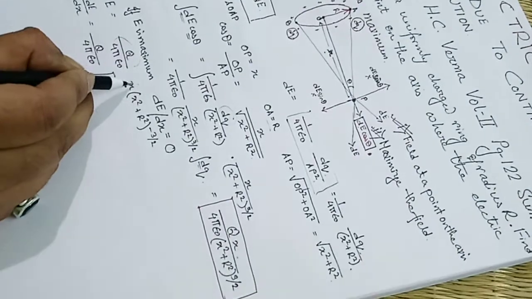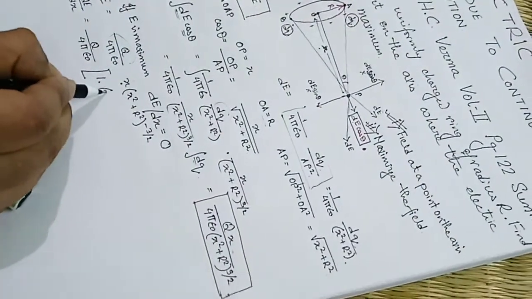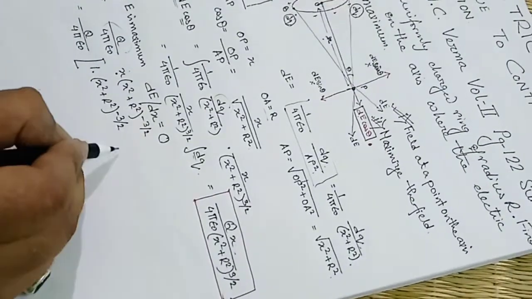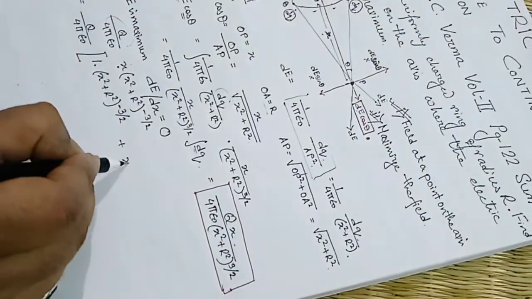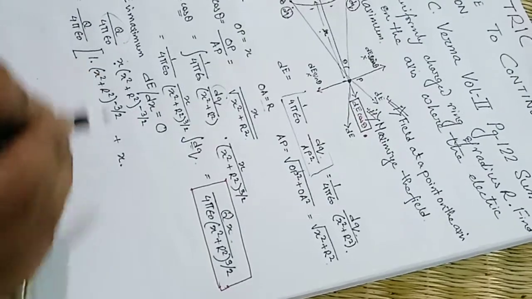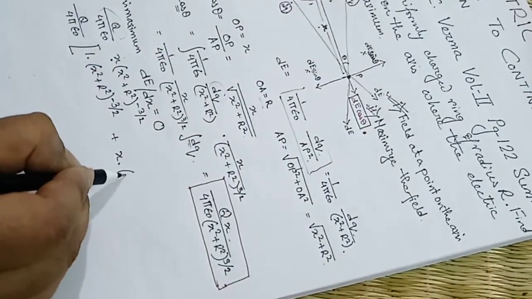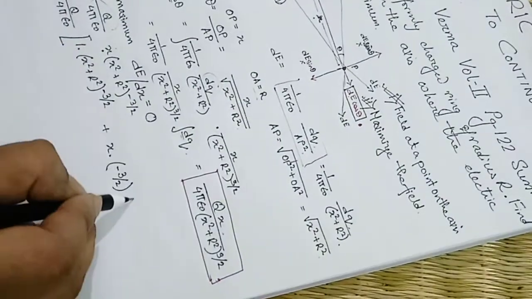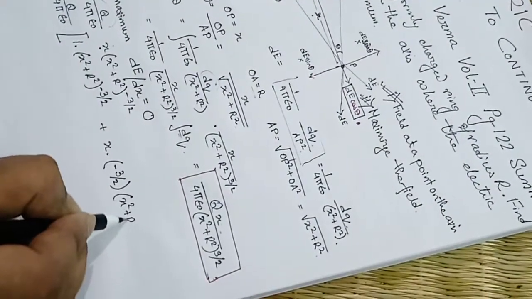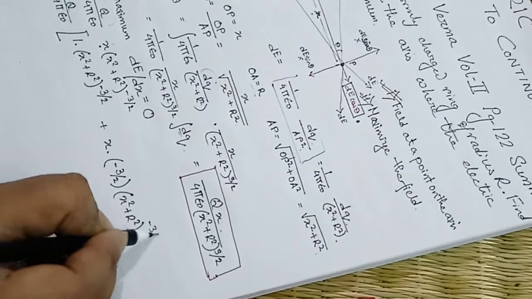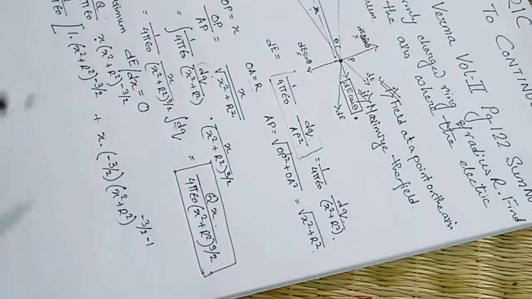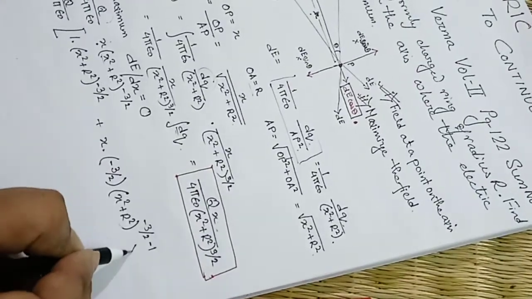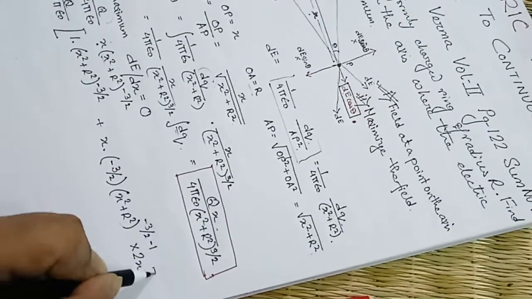So differentiation of this becomes 1 into the rest of the part plus x into differentiation of this thing. So minus 3 by 2 comes down. This becomes x square plus R square whole to the power minus 3 by 2 minus 1, and by chain rule we have to differentiate the inside of this again into 2x equals to 0.